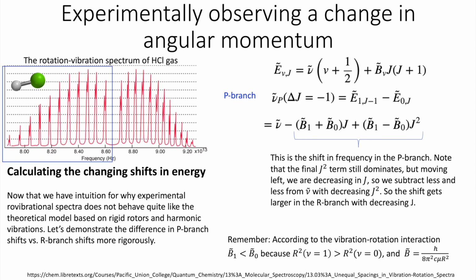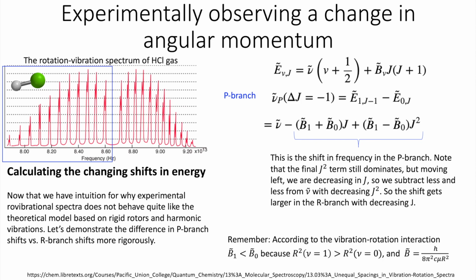So this is the case where it's decreasing. So we're decreasing in J, which means that the amount that we subtract, this correction, gets smaller and smaller with decreasing J. So this is why in the P branch, that gap gets bigger. That shift between peaks gets larger with decreasing J.